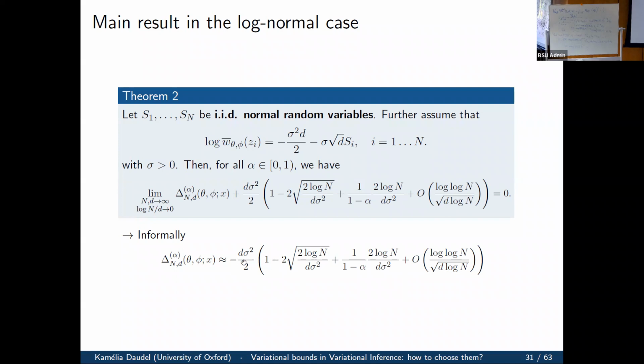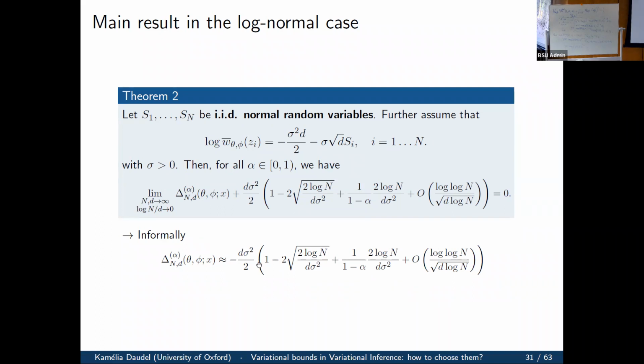This is my leading term, minus a term with log n divided by d. Under my assumptions it goes to 0, and this squared term also goes to 0, and this one also goes to 0. So those terms are all negligible in front of this one. The leading term is minus d sigma squared divided by 2.